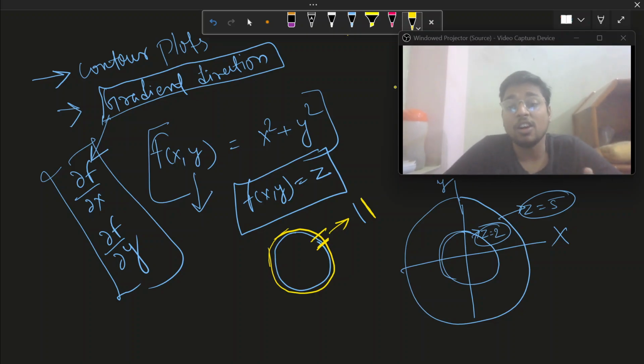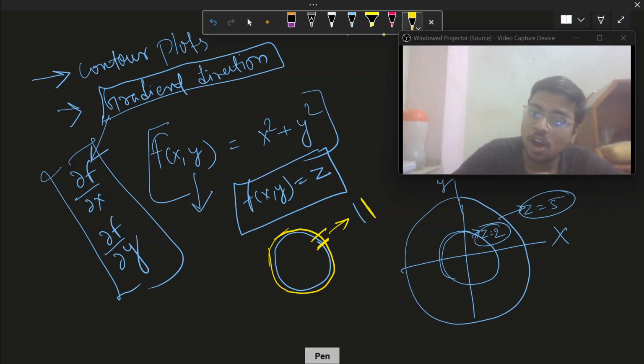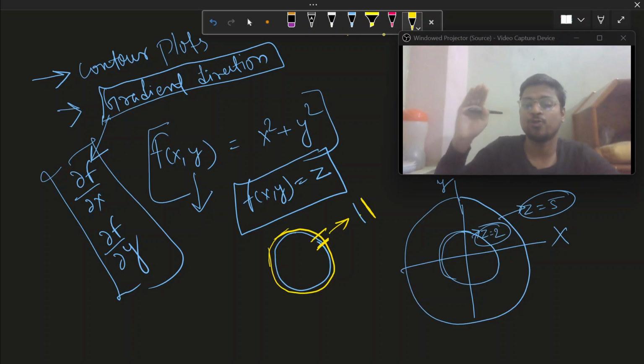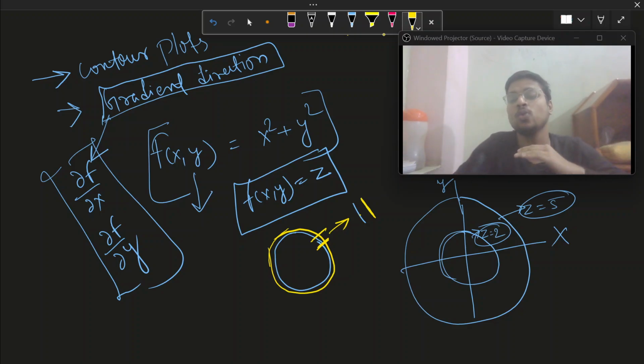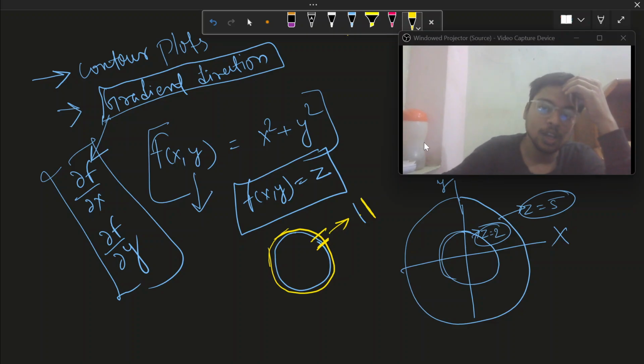It is like a straight line. Steepest means where the value changes fastest.